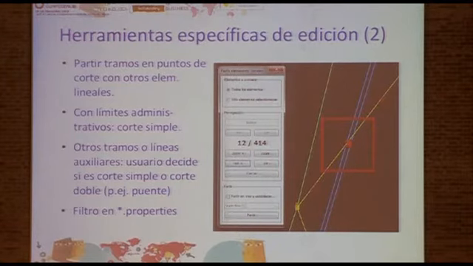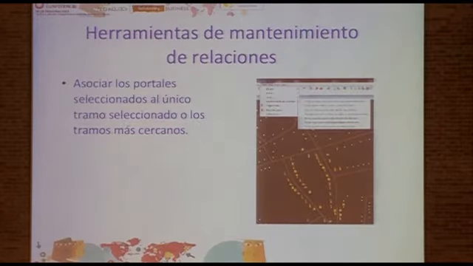What you see there in red is a simple cut, or a double cut at a distance from the center. This is what you see in red too, the little square in red. If you have a double cut, meaning that we have the origin section and the final section, we have to define the topologic relationship, if it's a bridge, if it's an underground tunnel or whatever.